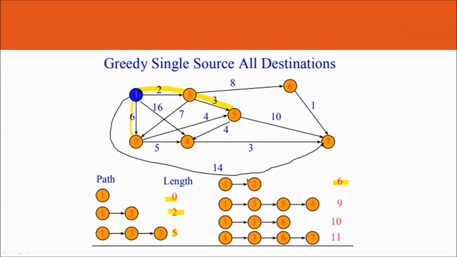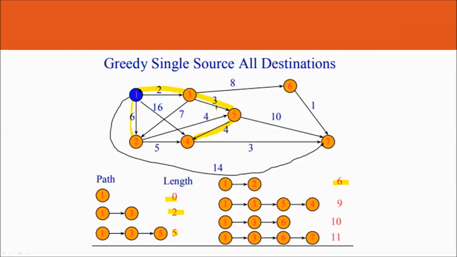Next destination is 1, 3, 5, and then 4. From 1 to 3, we have 2. From 3 to 5, we have 3. And then 5 to 4, we have 4.